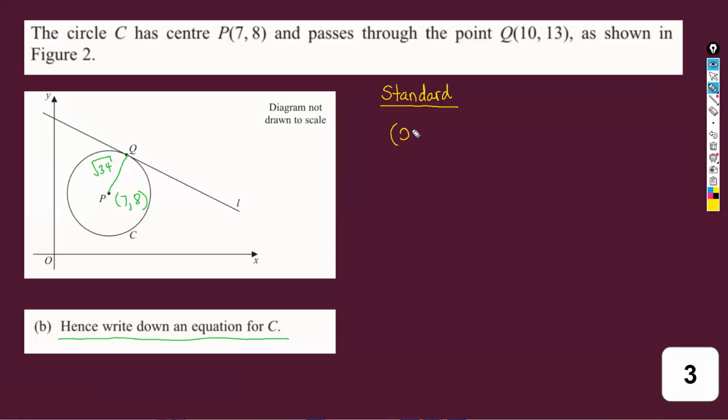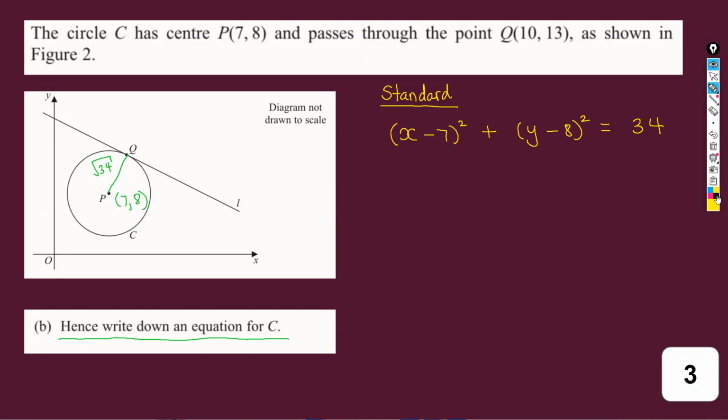It will be x minus 7 squared plus y minus 8 squared, and then you have to square this. So when you square the square root of 34, you're just going to end up with 34.